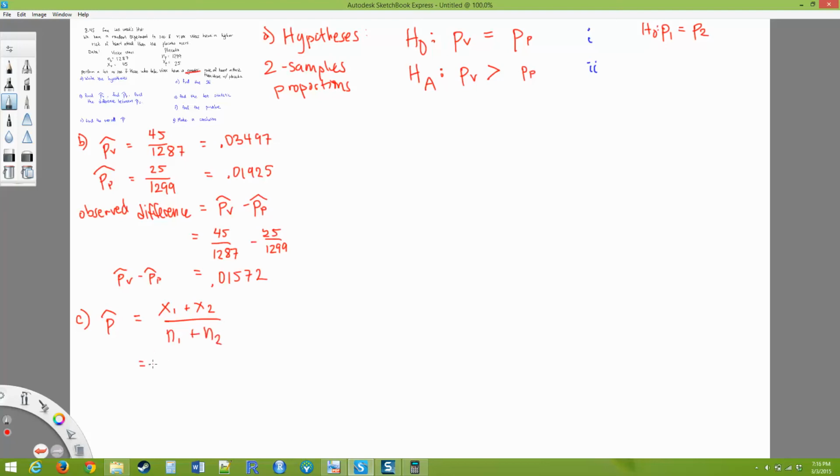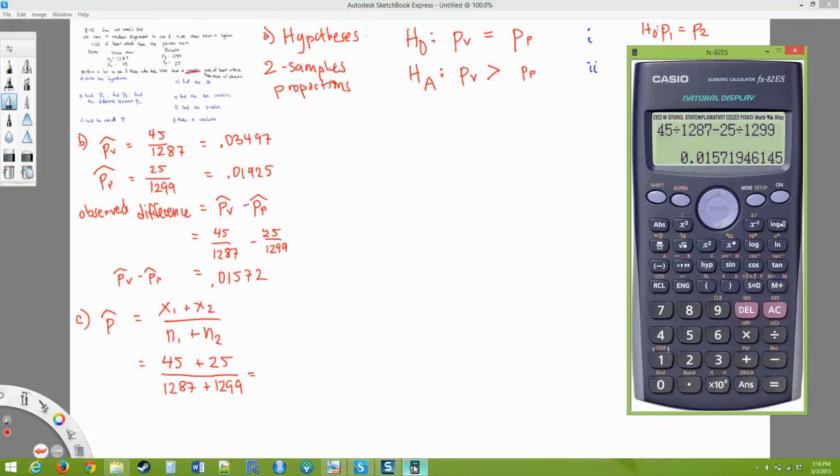So here I have 45 plus 25 divided by 1287 plus 1299. Be sure you add the numerators first and then add up the denominators.